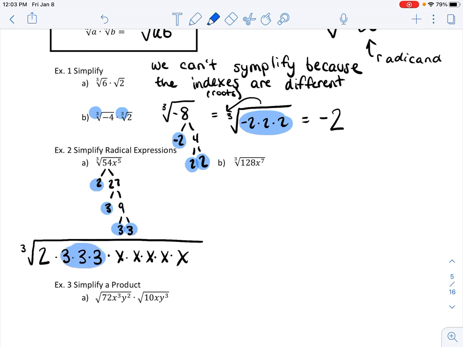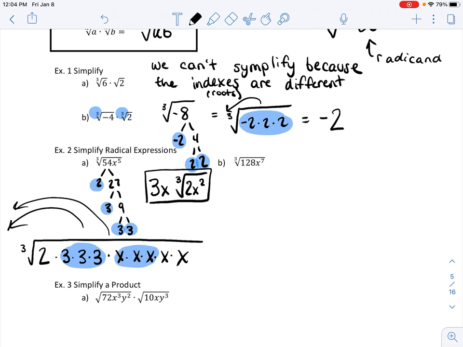So my cubed root, so I need groups of 3. Pull them to the front. And then I am left with 3x cubed root of 2x squared as my solution.